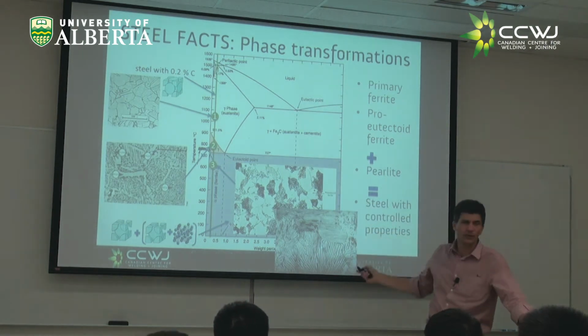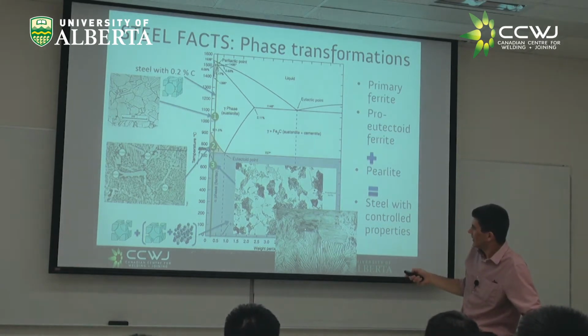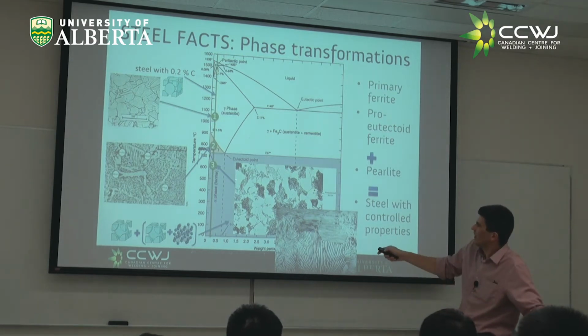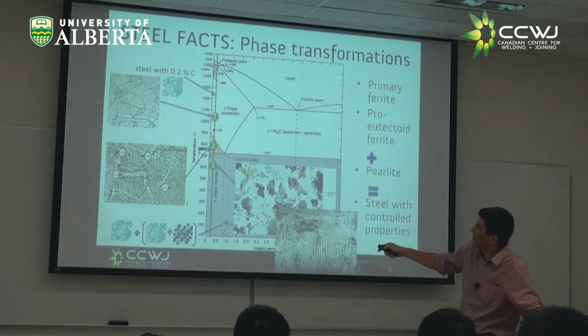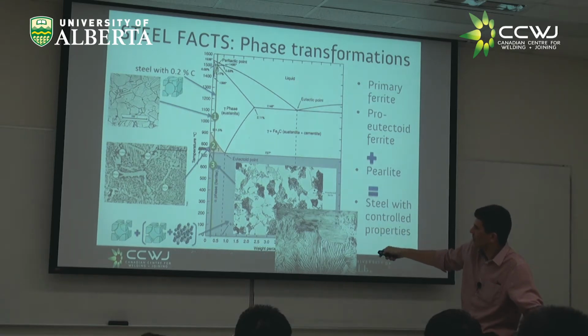You see that looks like a fingerprint. The fingerprints are layers of ferrite and cementite. And so we have the primary ferrite that would come from going through the intercritical region, and then the austenite we had left turns into perlite, as you get to see here.